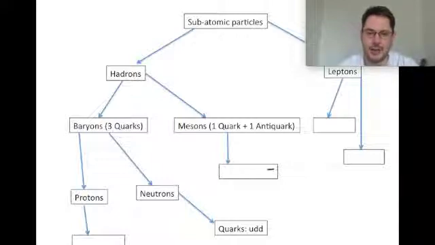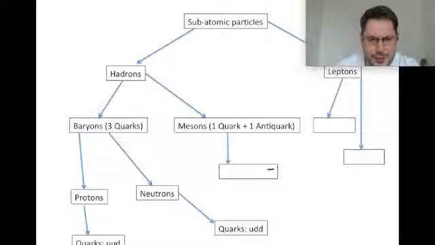Baryons, and now we finally get to what we're familiar with, protons and neutrons. And a neutron, we can see there, is made of an up and 2 down quarks. Now here we can see that protons are made of 2 ups and a down quark. Now, this may seem silly, but the way I remember this is that neutrons has a U in it, which means that it's only 1 U. Protons has no U's in it, and that means it's 2 U's.